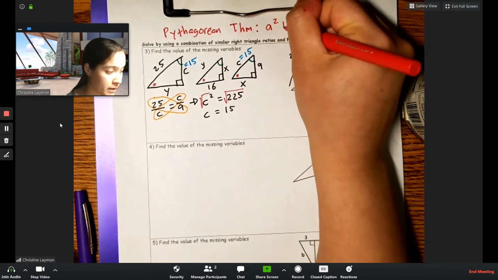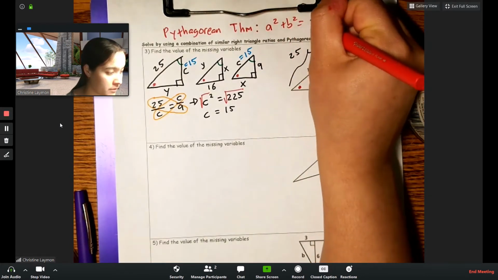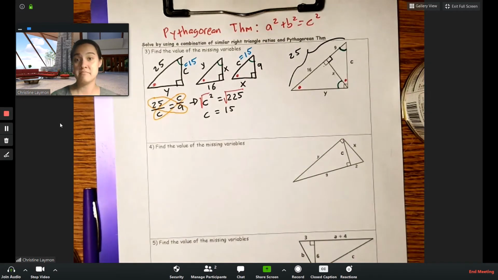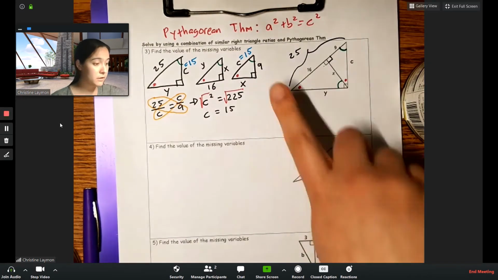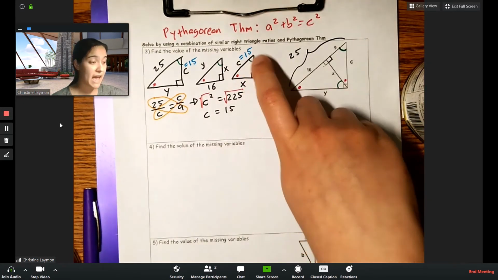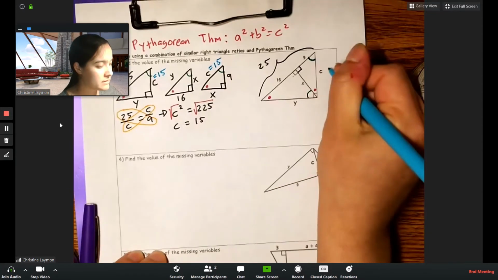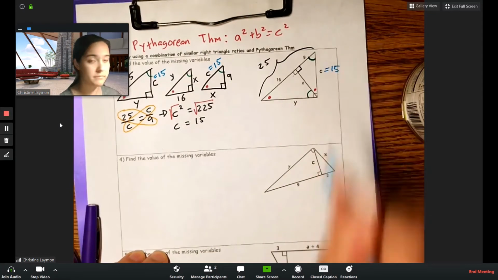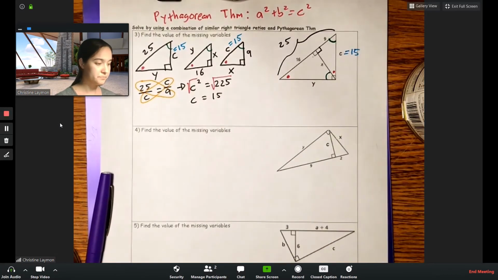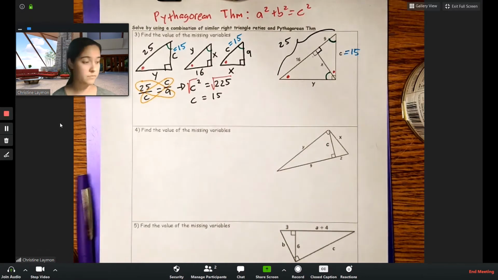So a squared plus b squared equals c squared. I can use that now. Take a look at this one right here. I have 15 and I have 9. I can solve for x. And because again, that c we just found, let me actually put it back in my figure here. That's this one right here. So that's 15.